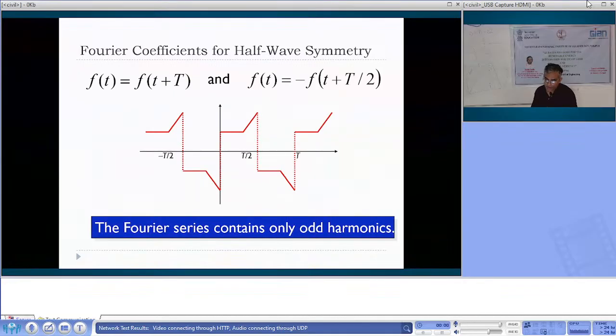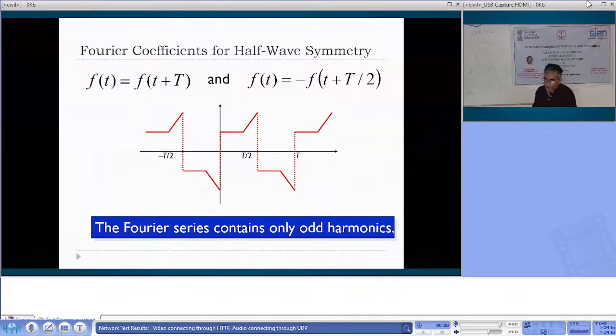Then we have half wave symmetry. What is half wave symmetry? If you go a distance T by 2 from a point, the function becomes negative of its value there. Here it is positive, there it is negative. That is half wave symmetry.